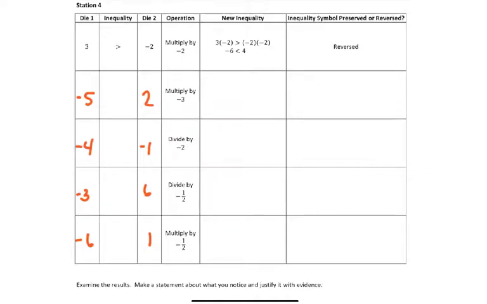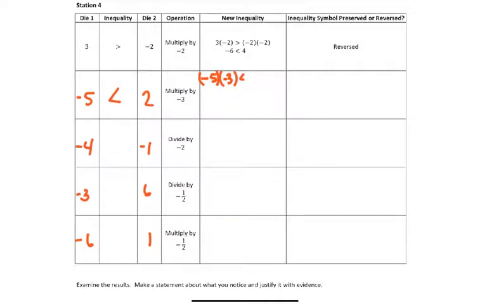So the first thing that I'm going to do is look at this, and I'm asking myself, is -5 less than or greater than 2? And I know that -5 is less than 2. So I'm going to put a less than inequality symbol in there. And my operation that this is asking me to do is multiply by -3. So on the left side, I'm going to multiply -5 by -3.